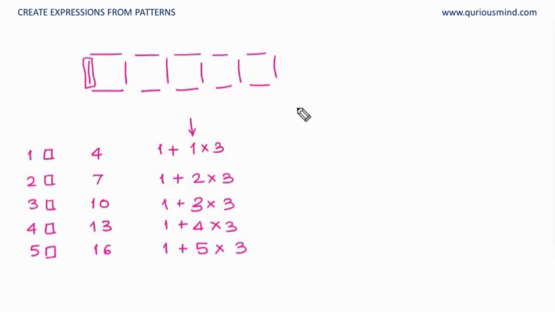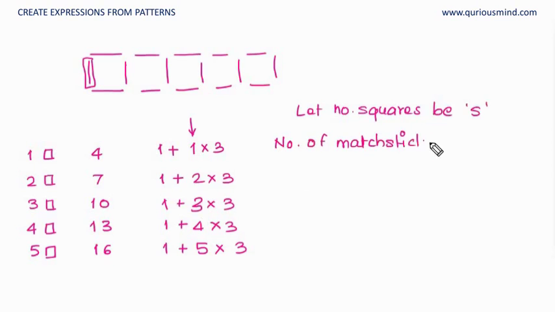So let number of squares be S. If there are S squares, then number of matchsticks are 1 plus S into 3.